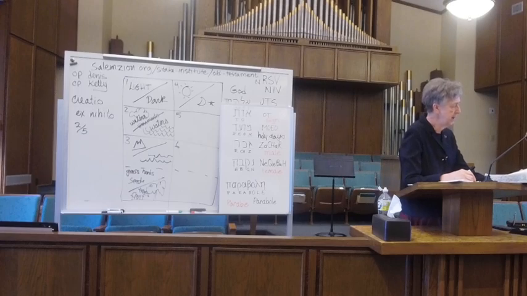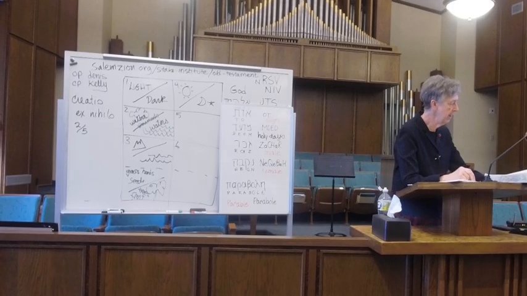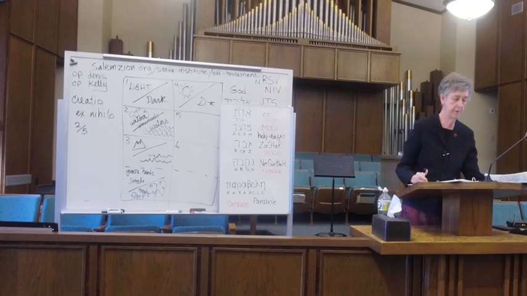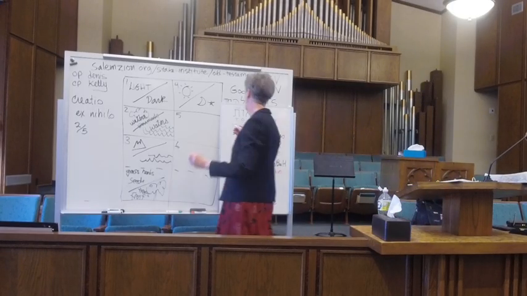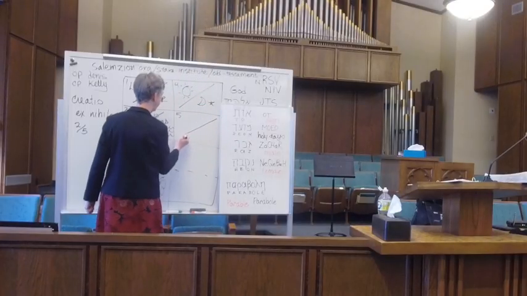Okay, so signs and seasons and days and years. And then verse 20, let the waters bring forth abundantly moving creatures that have life, and fowls that may fly above the earth. So we're going to have two different kinds of animals.